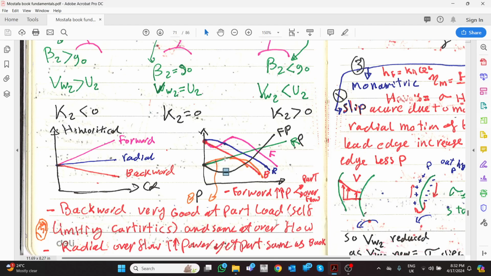But if you check the radial, less flow means less power, and the backward curve, less flow, less power also. So this is a disadvantage of the forward curve. It needs very high power in both cases, part load and overload. Forward curve is not ideal if you have overflow or part load, because it will require more power than the optimal you need.